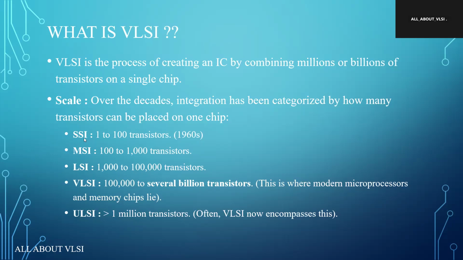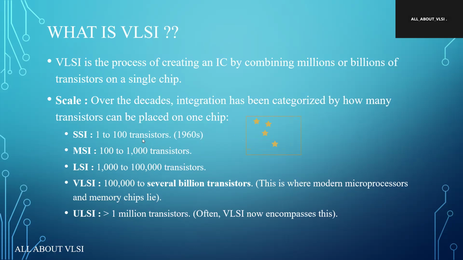So first one is SSI. SSI means small scale integration, right? In the olden days, in the 1960s, we were placing transistors on a chip only up to the limit of 100.